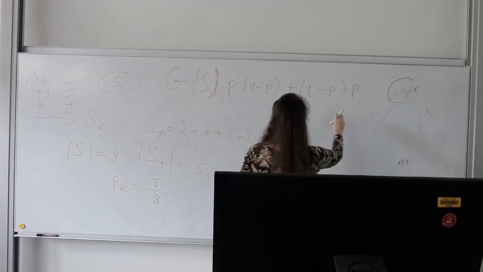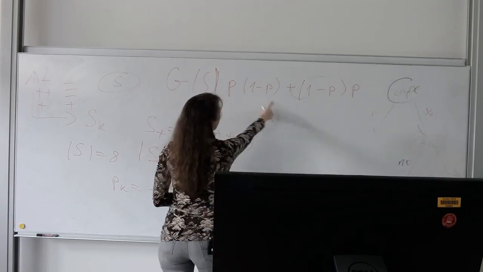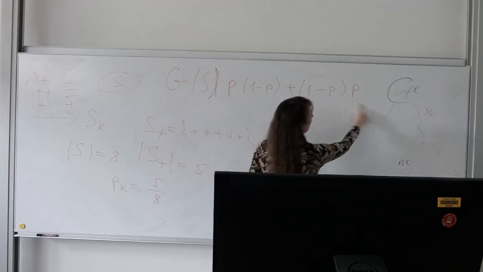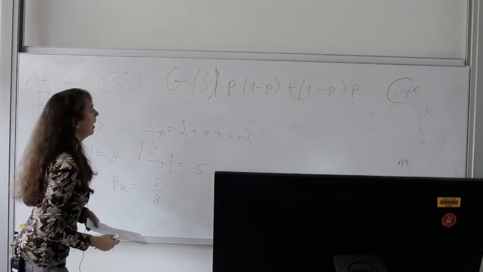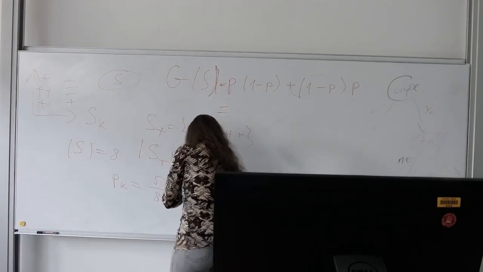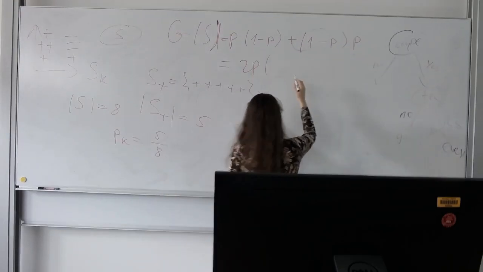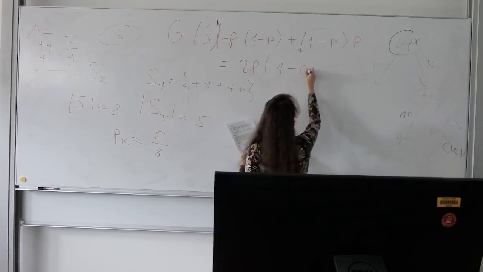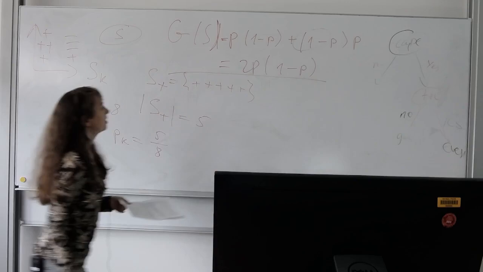So first class, not first class, second class, not second class. If we sum this up, this is our Gini function for 2 classes.